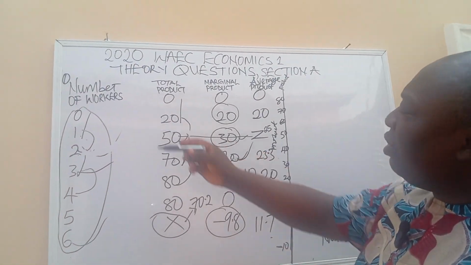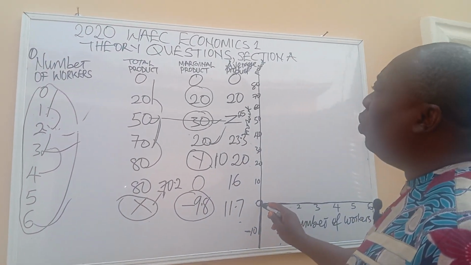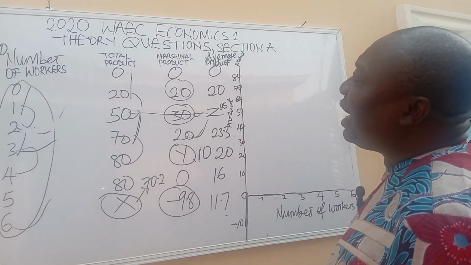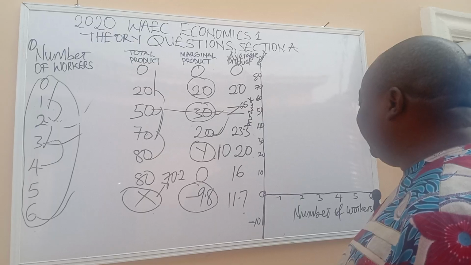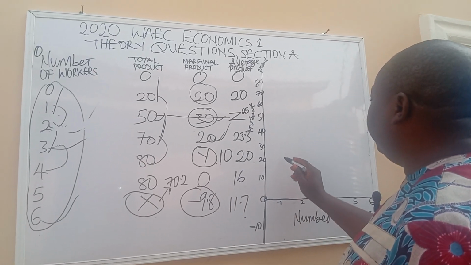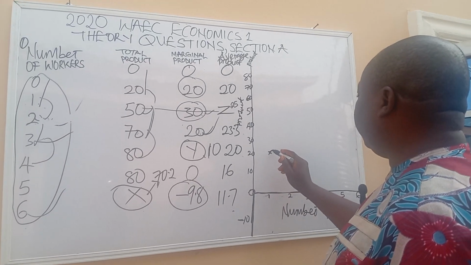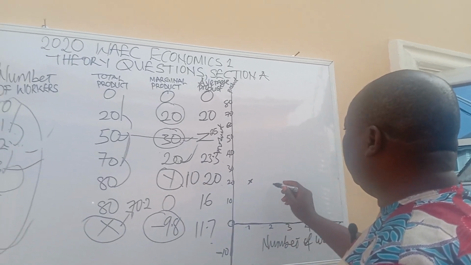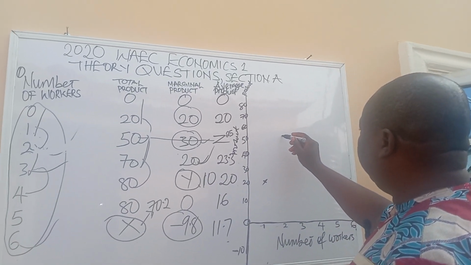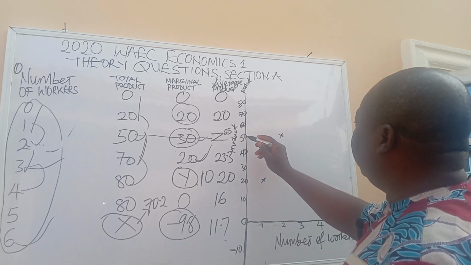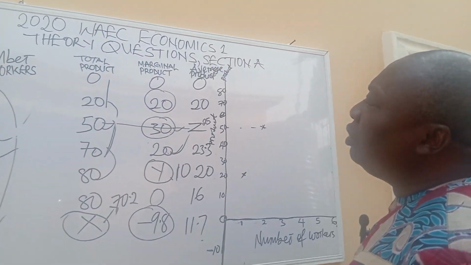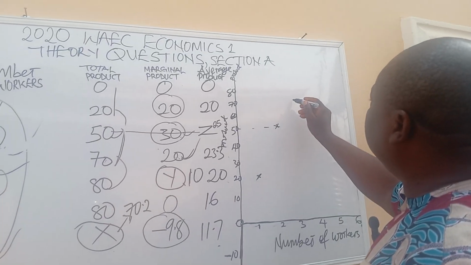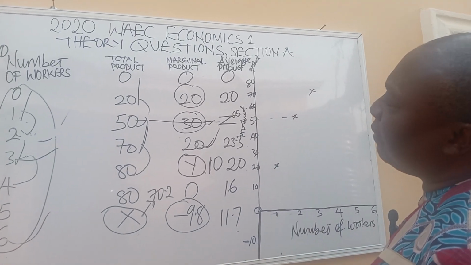When number of workers is 0, total product is also 0. When number of workers is 1, total product is 20. When number of workers is 2, it is 50. Then 3 is what? 70. 70 can be somewhere here.